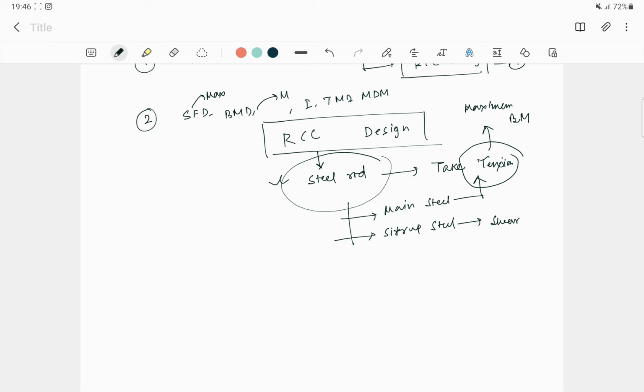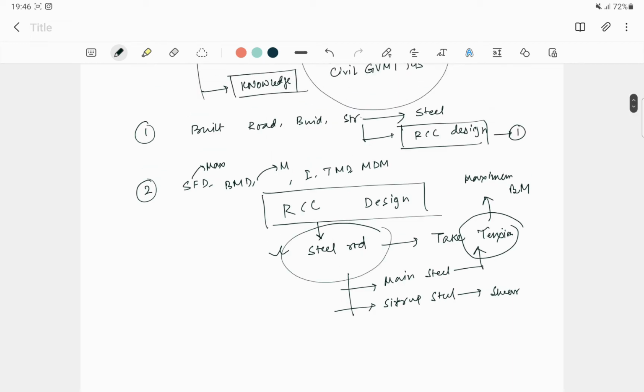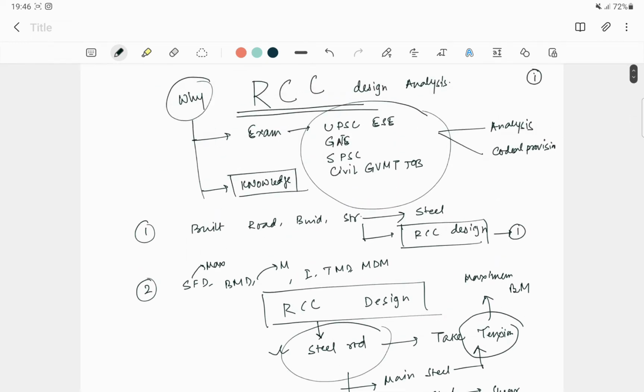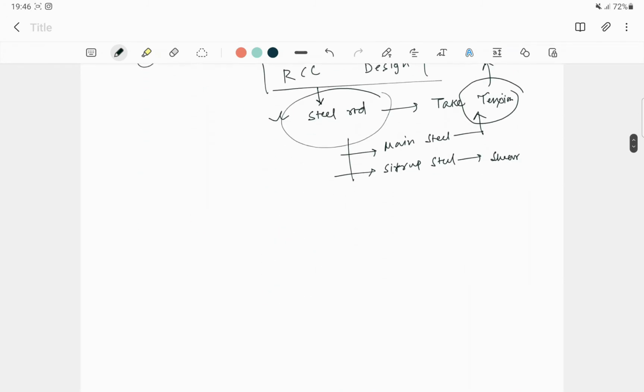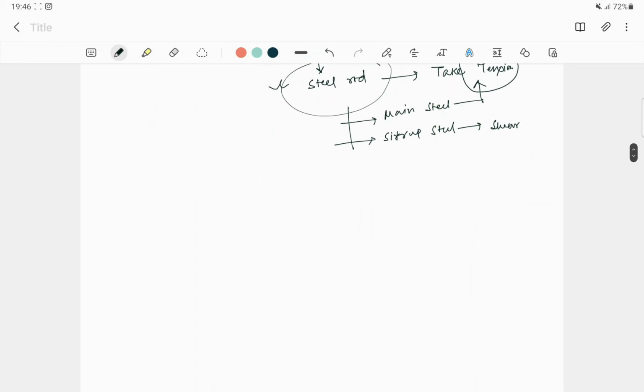Okay, so these are the two reasons why we read RCC design. But from the next video, what will we cover in RCC design? Before saying this, I give you a small introduction.